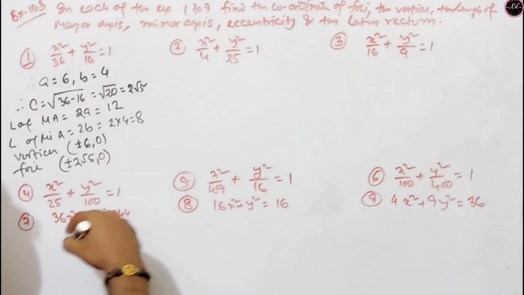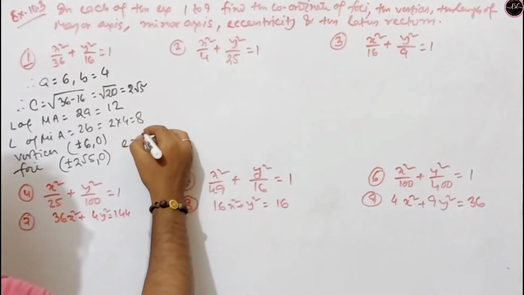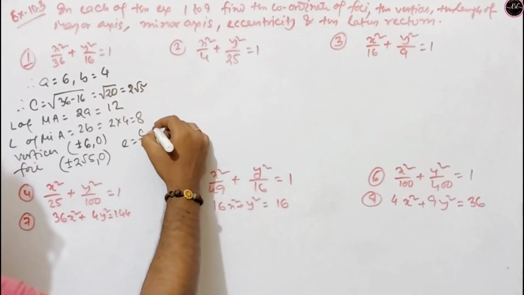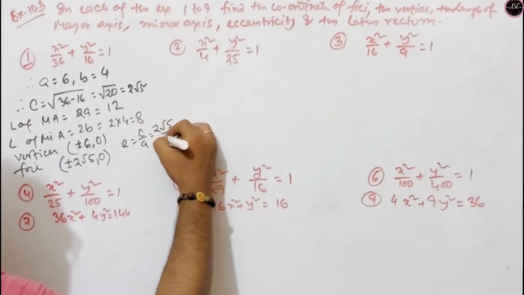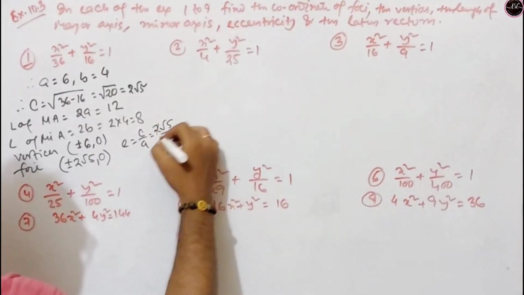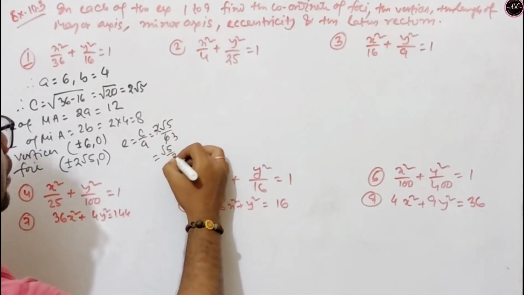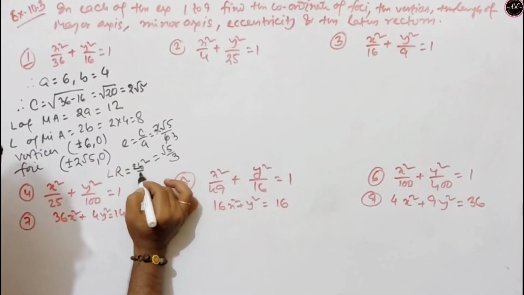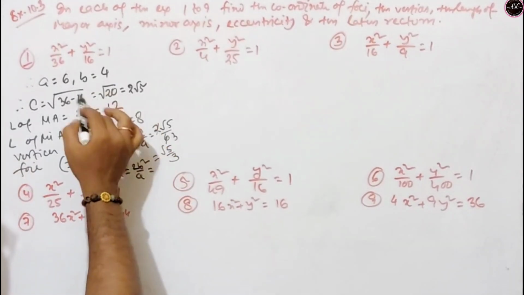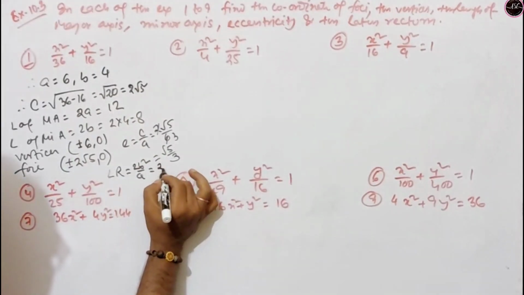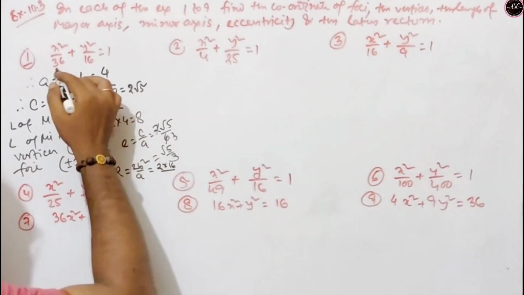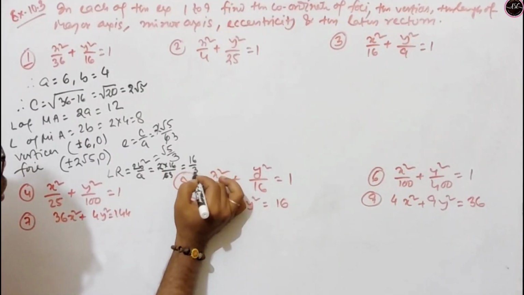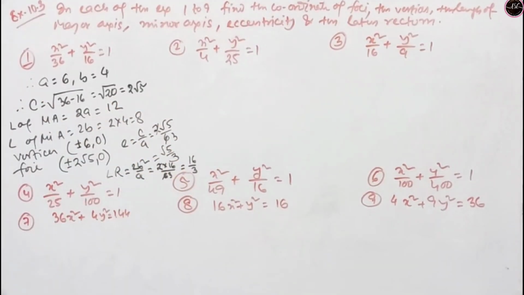Eccentricity e equal to c by a, that means 2 root 5 divided by 6, that means root 5 by 3. And the latus rectum is 2b square by a, here b square equal to 16, that means 2 into 16 divided by 6, that means 16 by 3. Okay, that is your answer.